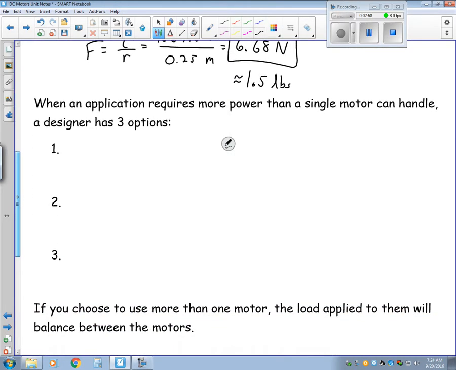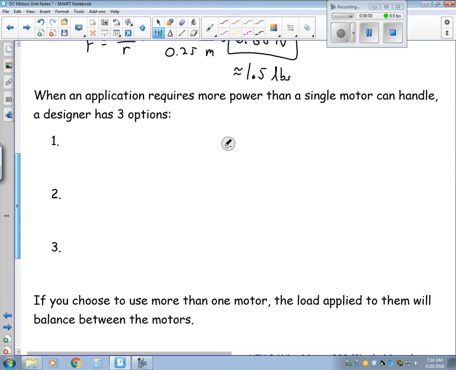When an application requires more power than a single motor can handle, as a designer, you basically have three options. First one is to deal with it. You're under limitations. Change your design. Maybe there's something fundamentally flawed with your design.